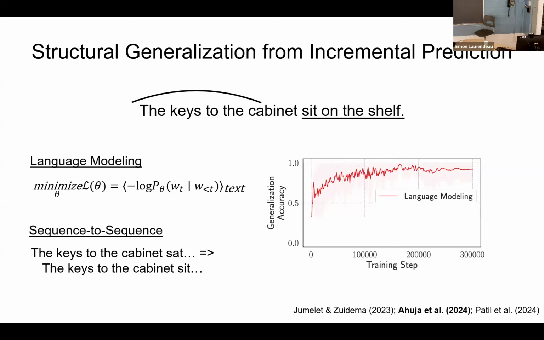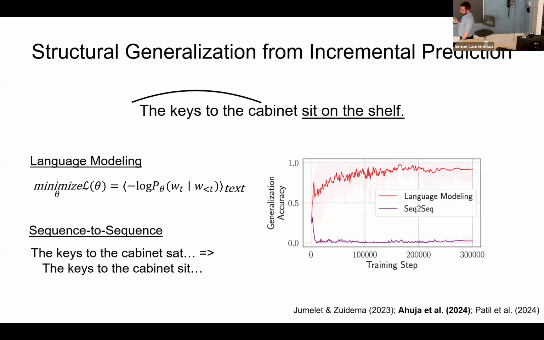You could try a sequence transduction task where you take the sentence from a past tense form, like the keys to the cabinet sat, and bring it to the present tense, the keys to the cabinet sit. You'll still have to figure out the form of the verb. But when you train a transformer model to do sequence to sequence transduction, you do not get the structural generalization.